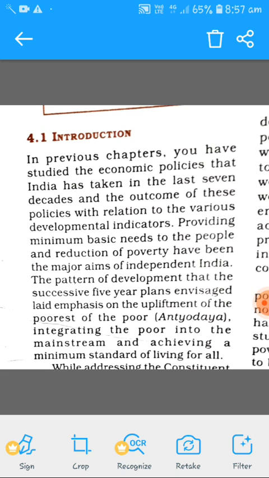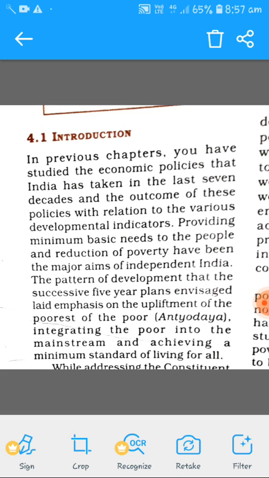The pattern of development that the successive 5-year plans envisaged laid emphasis on the upliftment of the poorest of the poor, Antyodaya, integrating the poor into the mainstream and achieving a minimal standard of living for all.